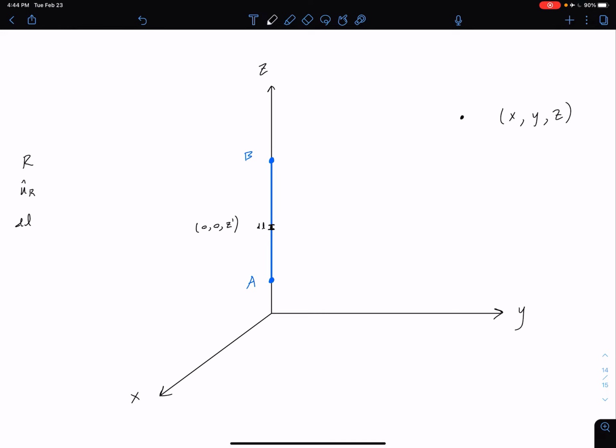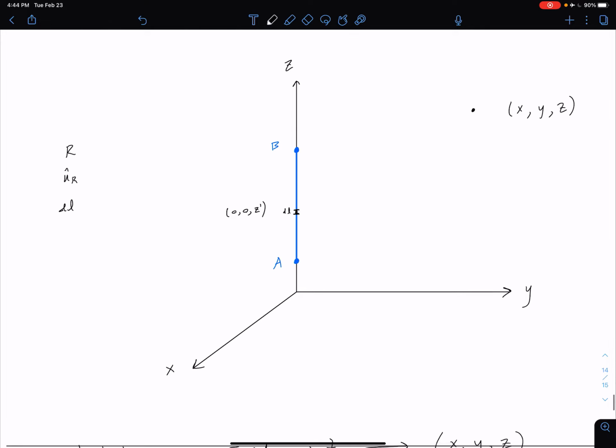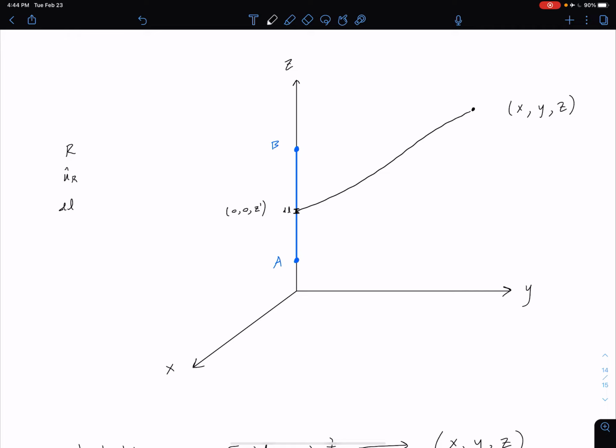Now we can talk about our differential length, and that's going to be, as we see, only in the z direction. In order to talk about our r vector, we need to draw a connection point here, and our r vector is going to be like this.